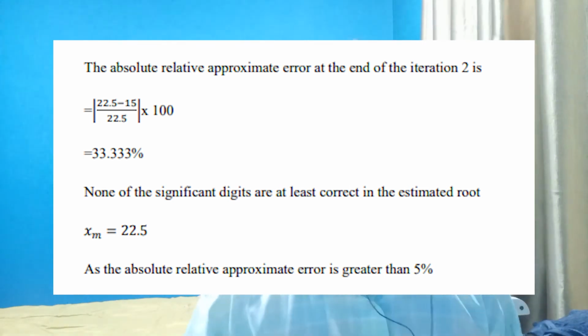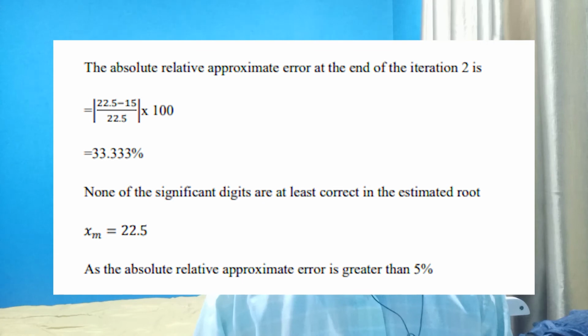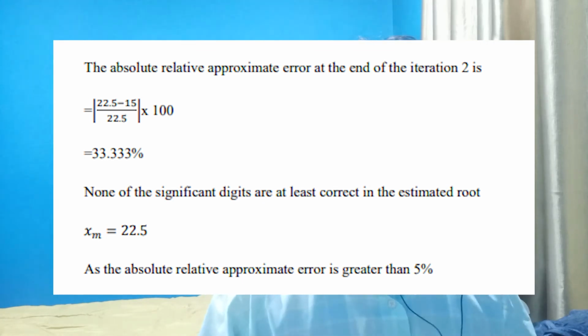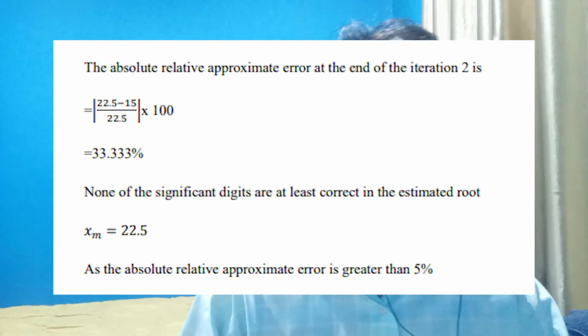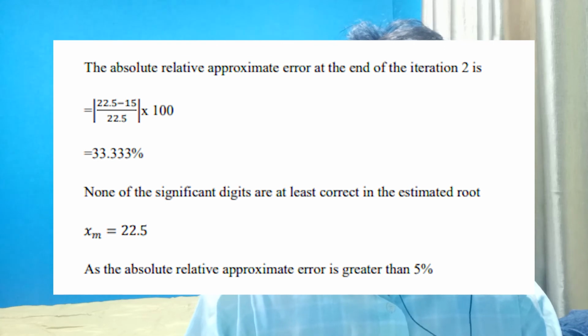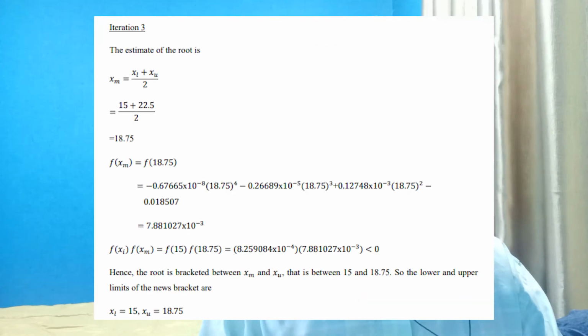None of the significant digits are at least correct in the estimated root. And so xm equals to 22.5, as the absolute relative approximate error is greater than 5%. So we will continue with iteration 3. Basically, they are the same as iteration 1 and 2, except for the numbers and the values.